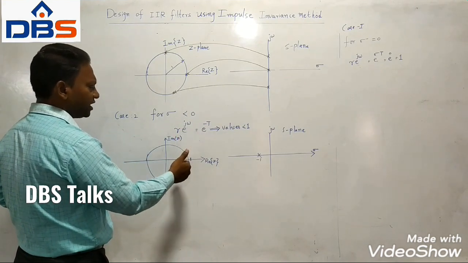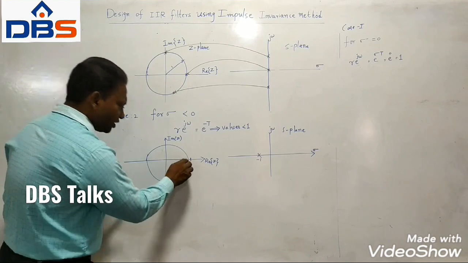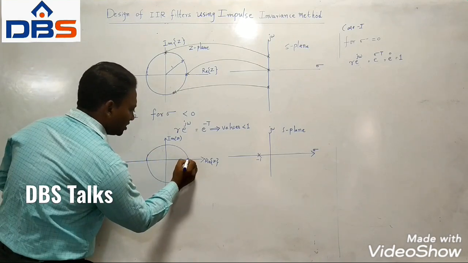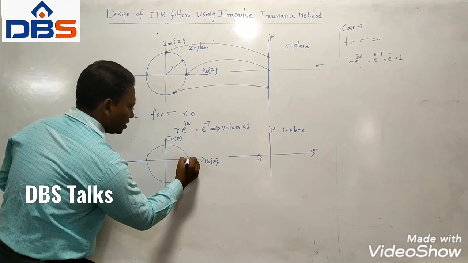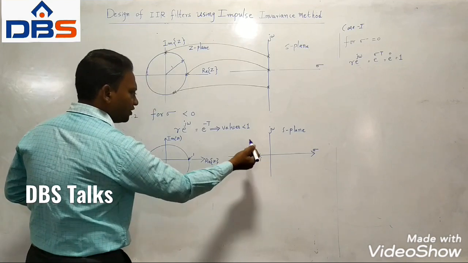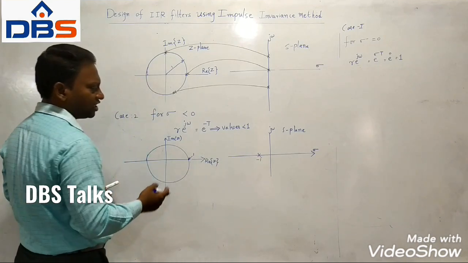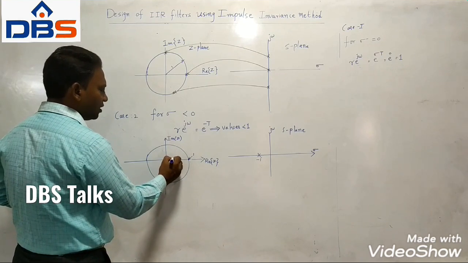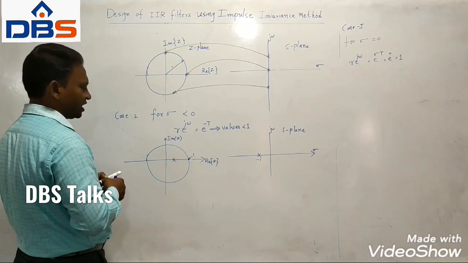Less than 1, what does it indicate? If this is 1, all the values inside, exactly on the circle it is 1. So therefore, whenever any pole lies on the left hand side of the S plane, it is mapped to the inside of the unit circle. That is the point to understand, right?